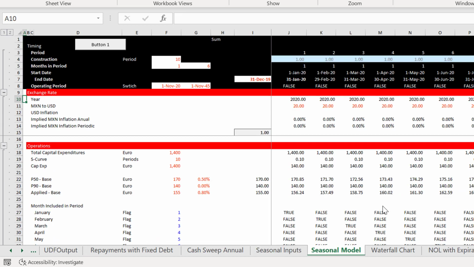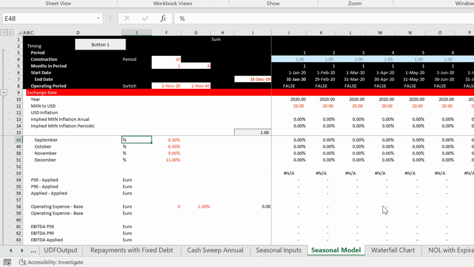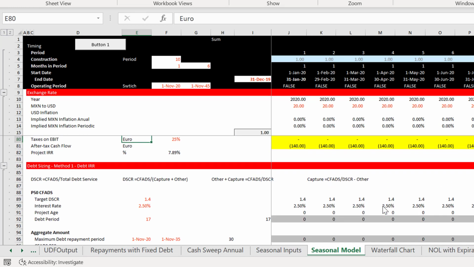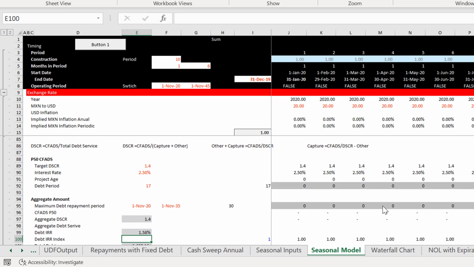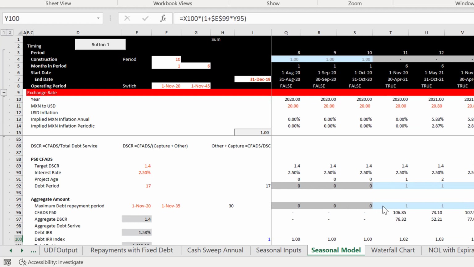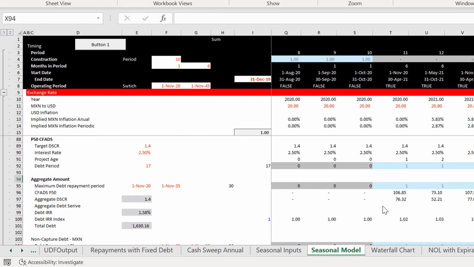Seasonal model. So we have our Mexican to USD, and what we do is the step one. Now, when I have multiple debt issues, I think it's very tricky to get this all right. The way I do it, there are two ways to do it, and the two ways are shown here on this sheet.